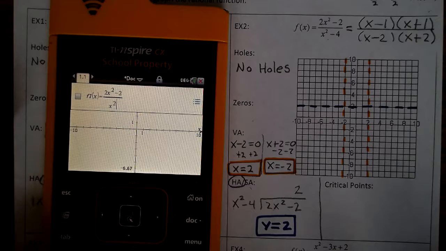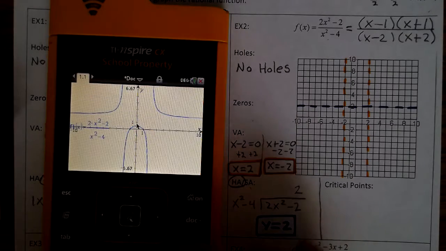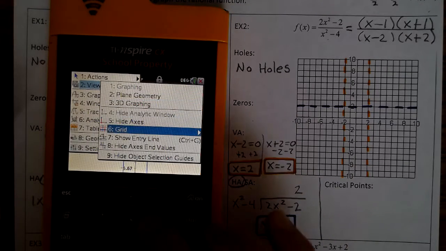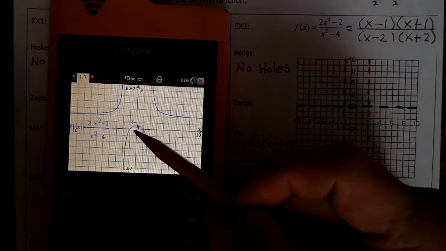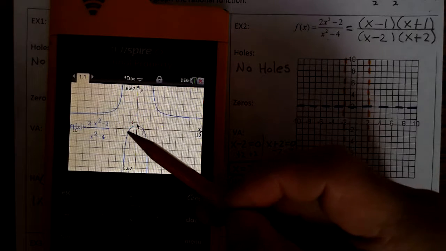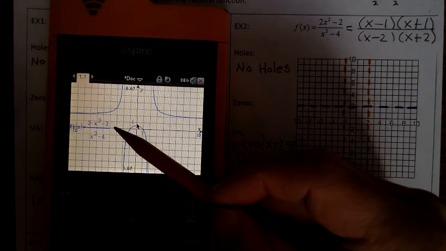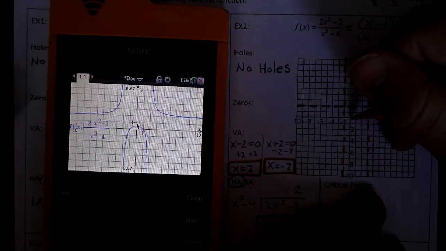I'm going to go to Menu, View, Grid, Line Grid. So it looks like I have a good critical point at negative 3, 3. I'm going to put a dot at the center of the axis so I can see, because I have so many lines.